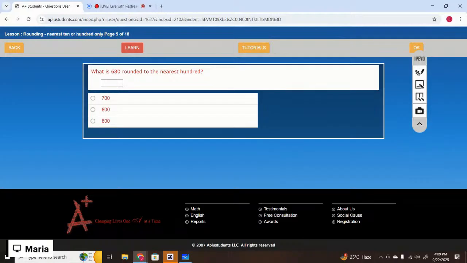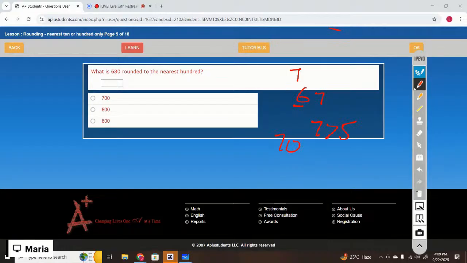What is 682 rounded to nearest 100? 6 is the digit that is at the hundreds position. Next is 8. 8 is greater than 5.